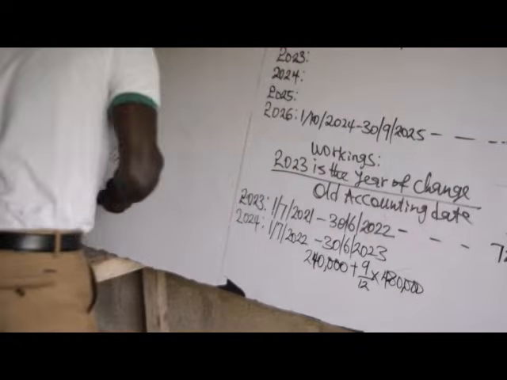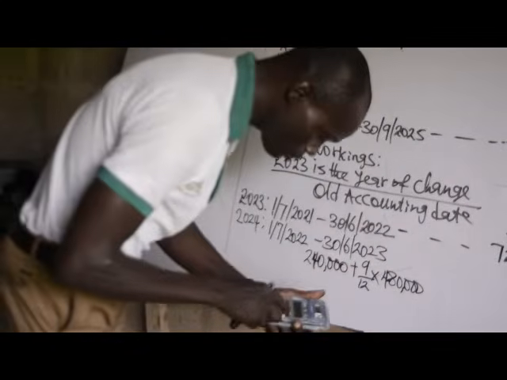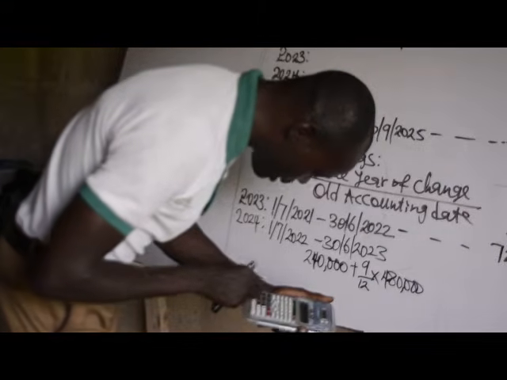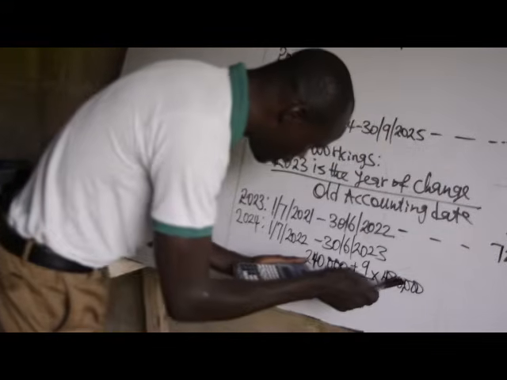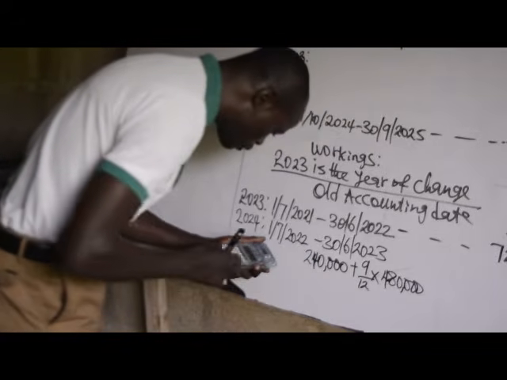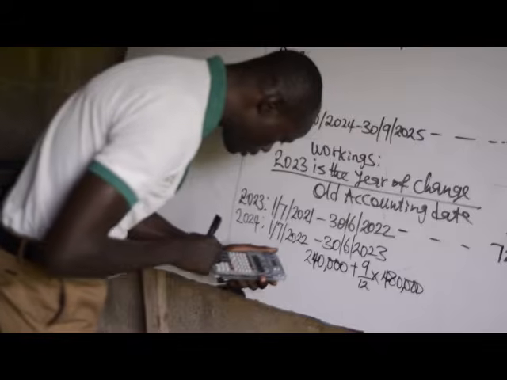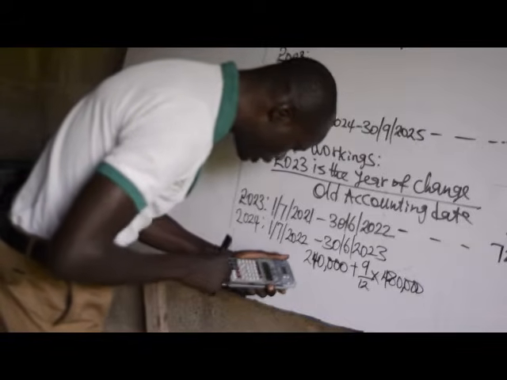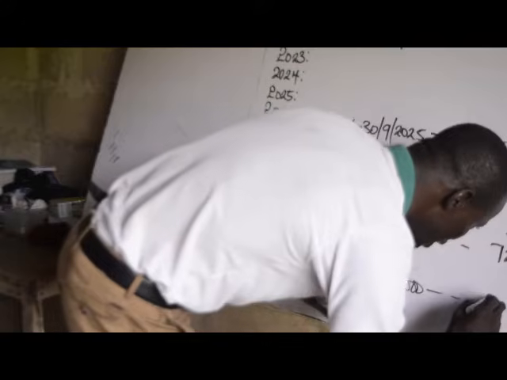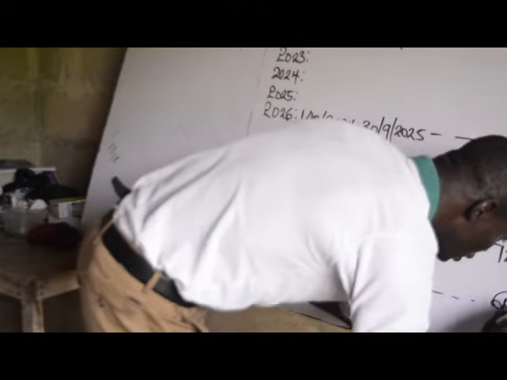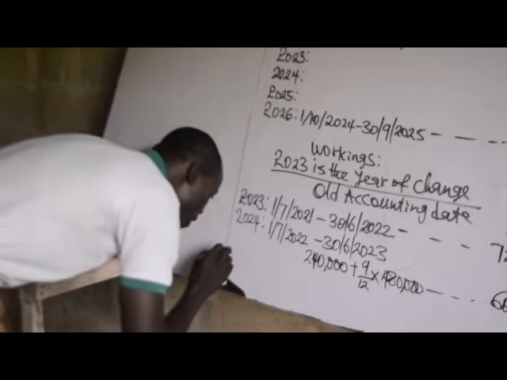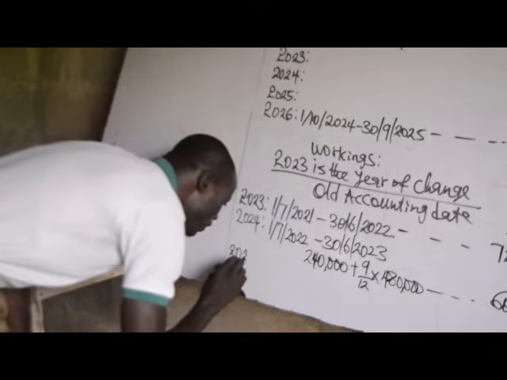If you calculate 480,000 times 9 divided by 12, the profit of 9 months out of this profit is 360,000. 360,000 plus 3 months profit of 240,000. That means the profit for that year will be 600,000.